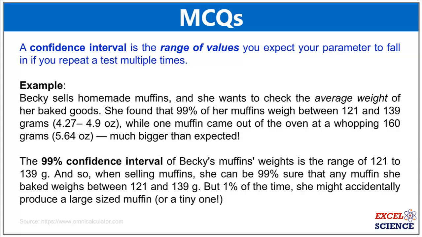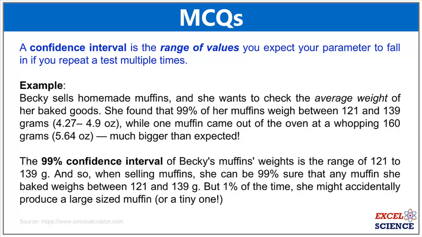She found that 99% of her muffins weigh between 121 and 139 grams, while one muffin came out of the oven at a whopping 160 grams, much bigger than expected. The 99% confidence interval of Becky's muffins' weight is in the range of 121 to 139 grams.